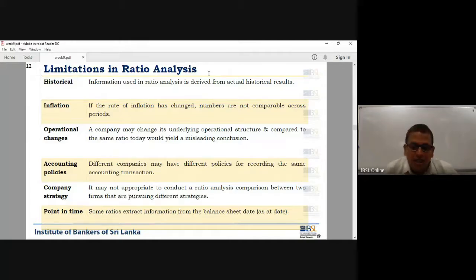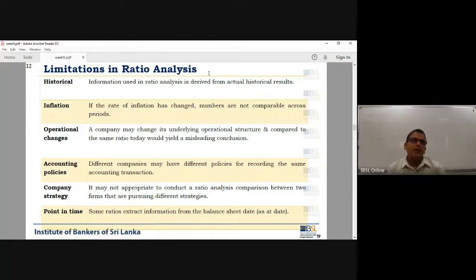Actually, ratio analysis is sort of post-mortem. Something happened, and only after it happened are we analyzing it. Another one is inflation. If the rate of inflation has changed, numbers are not comparable across periods.